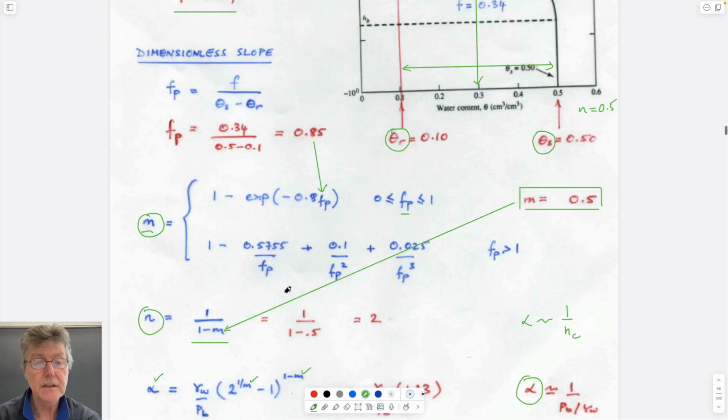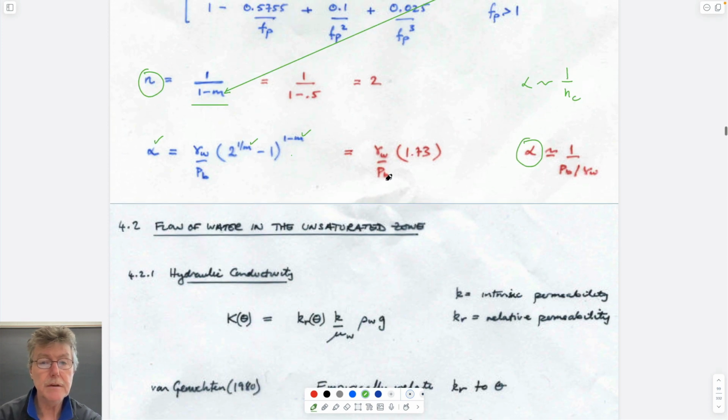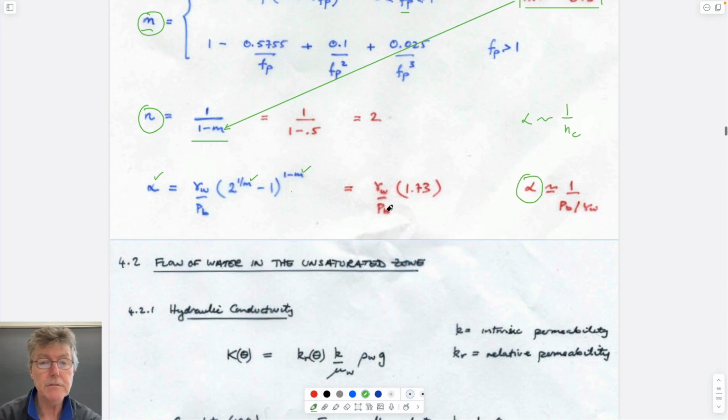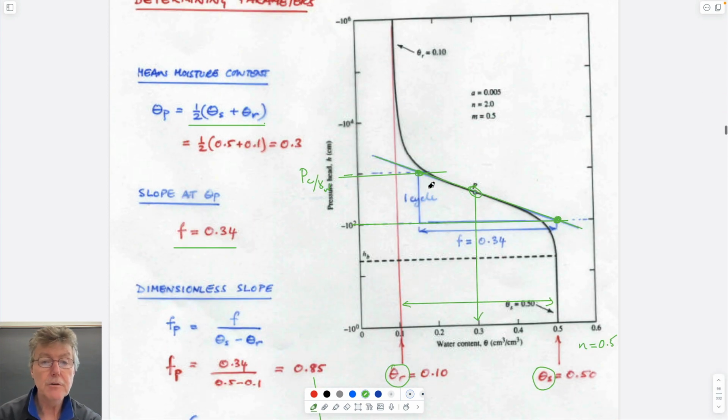And of course, in this PC, this is the bubbling pressure, which we need to be able to define that magnitude. So that seems kind of a circular argument: we've got a curve, we have some fitting parameters to recover that curve, so that's not particularly useful.